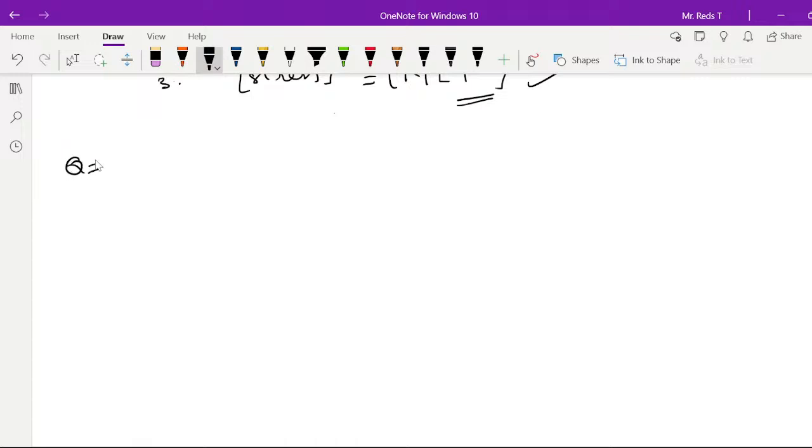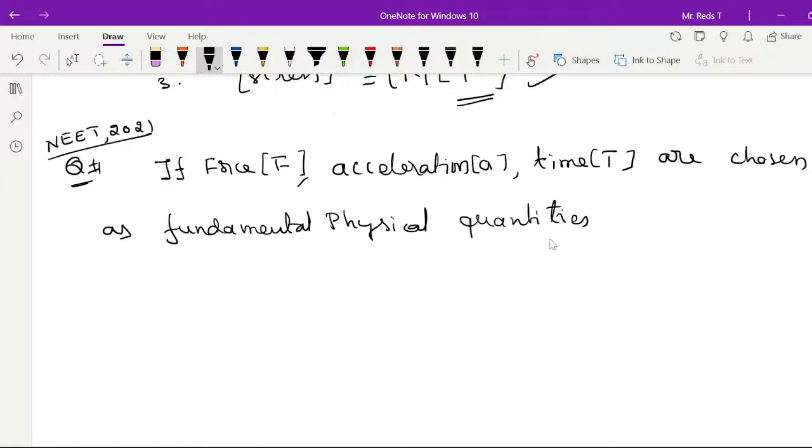Next question is, so I can mark here NEET 2021 question. The question is, using force, acceleration and time as fundamental physical quantities, find the dimensions of energy.